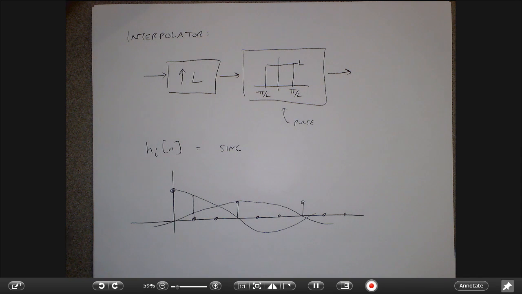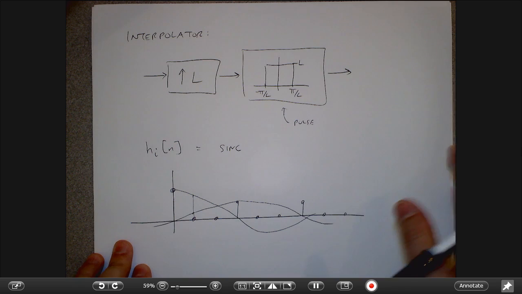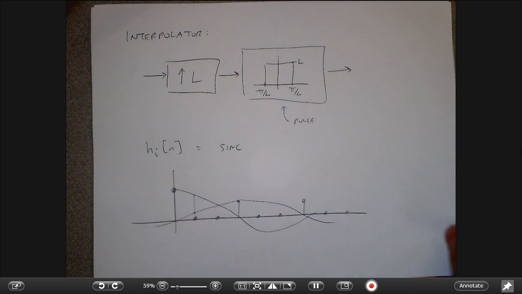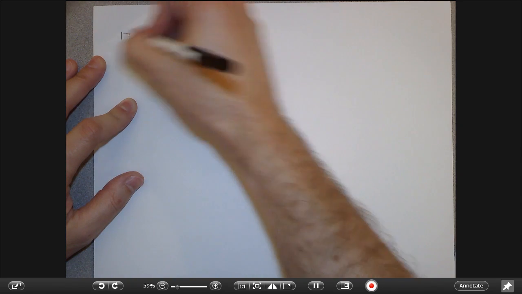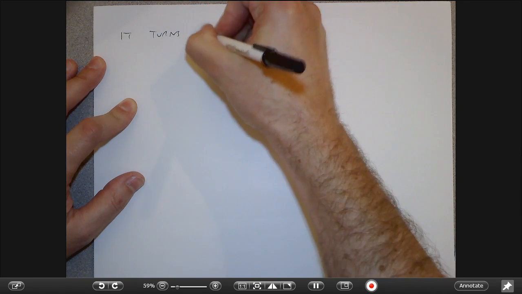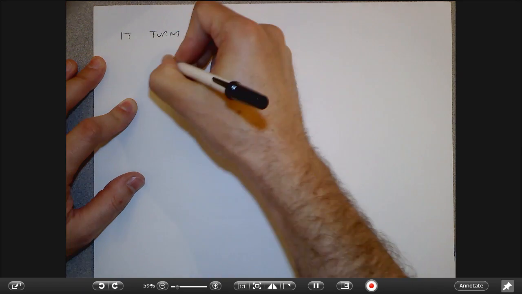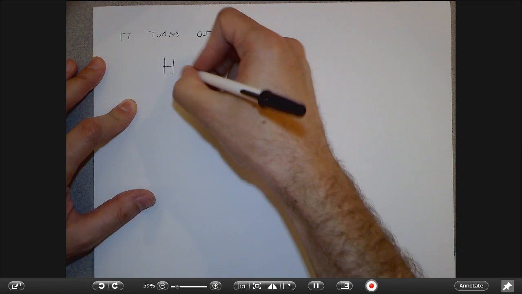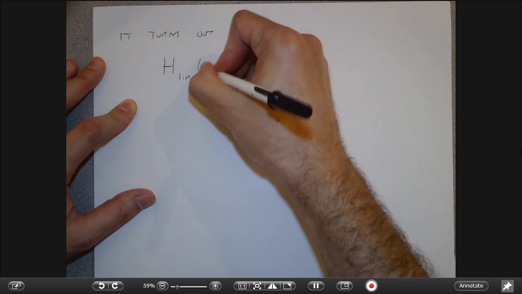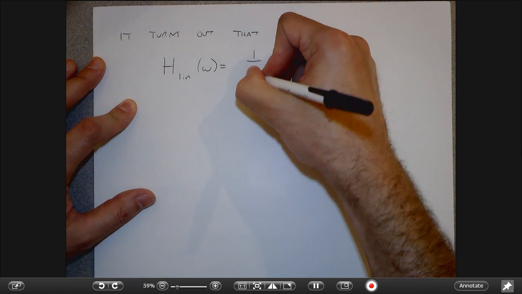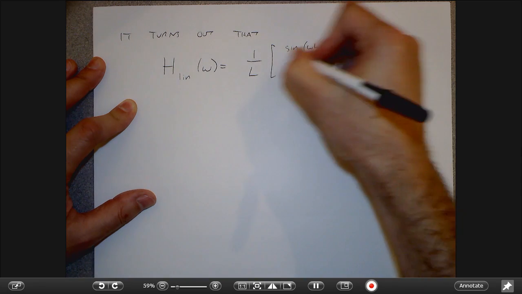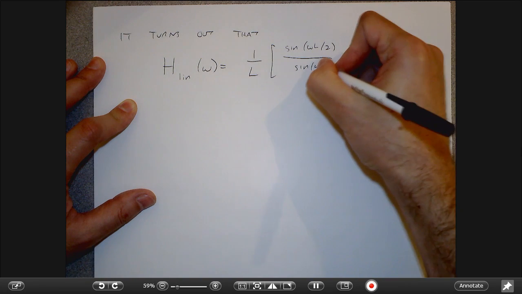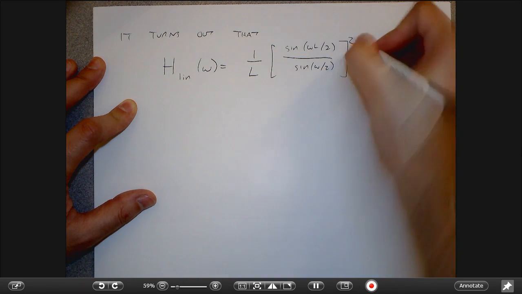So you can say, without going into too much detail, because I have it in my notes that I can write down, it turns out that the effective filter for linear interpolation looks like this. Kind of the ratio of two sinc functions.